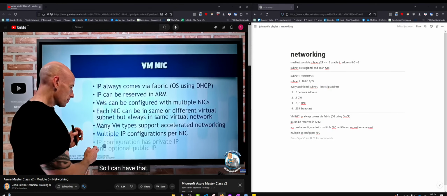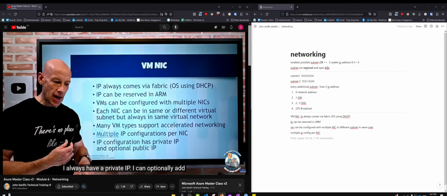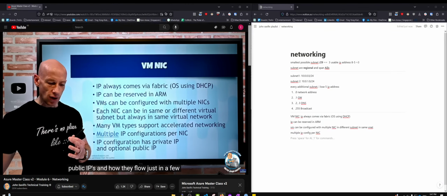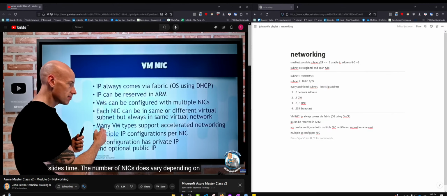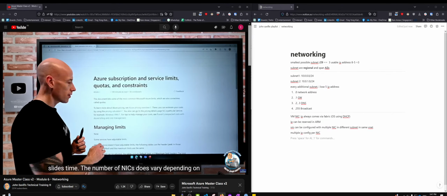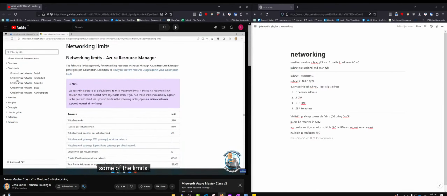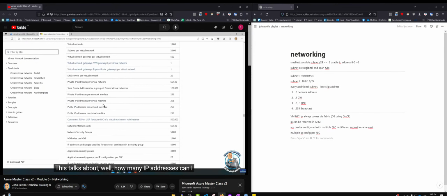So I can have that. I always have a private IP. I can optionally add a public IP. And we're going to talk more about public IPs and how they flow just in a few slides' time. The number of NICs does vary depending on the actual type of VM. So if we look at some of the limits, this talks about how many IP addresses I can have.